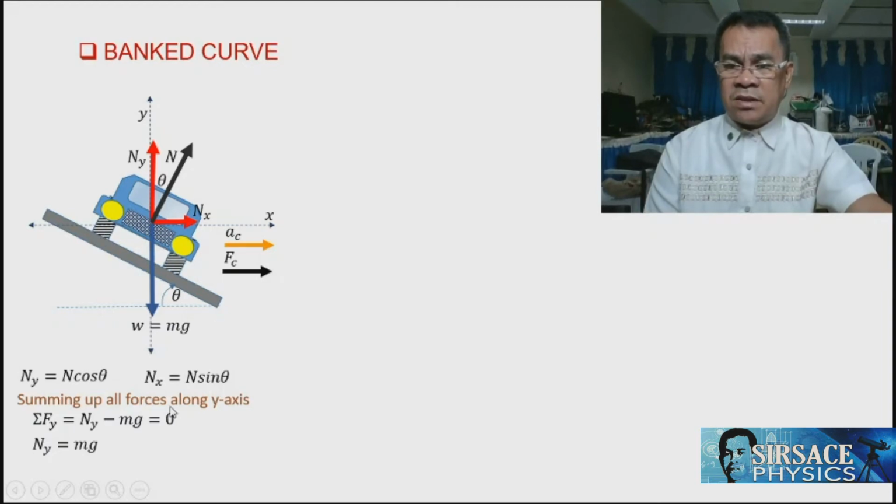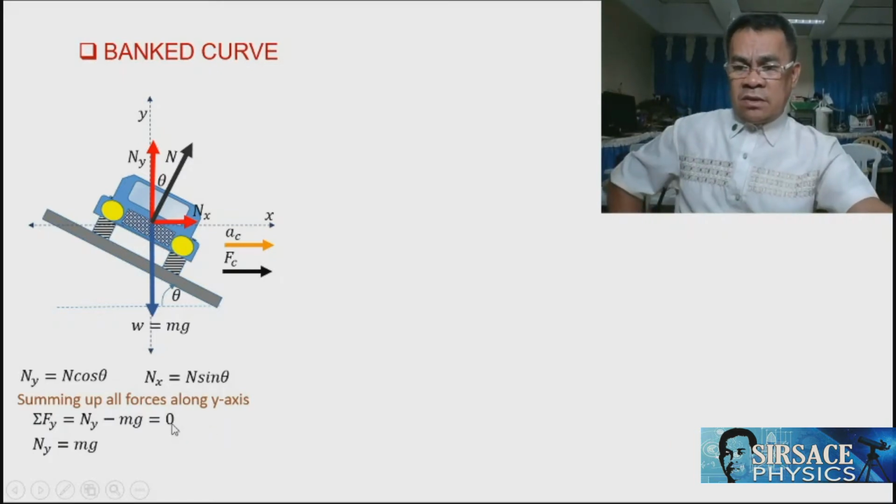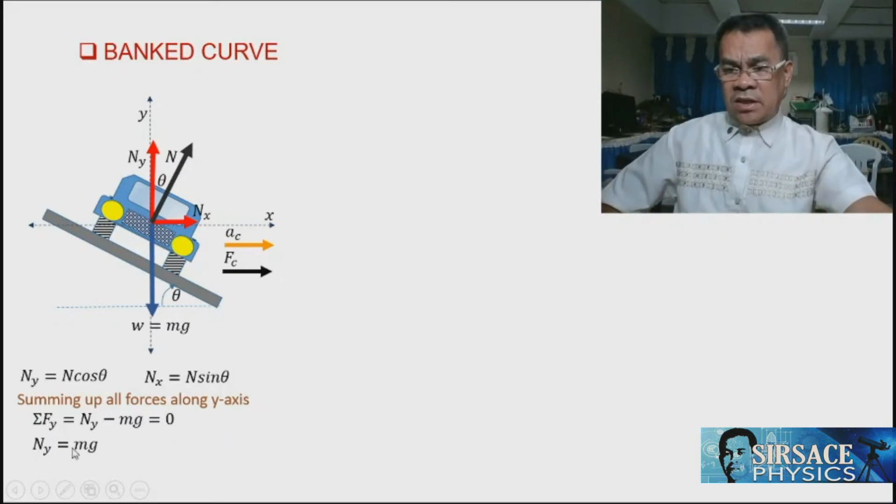So therefore, this must be set to 0 for equilibrium purposes. So therefore, Ny is equal to mg. But what is Ny? Ny is N cosine theta. So therefore, replace this with N cosine theta. So therefore, this is the result.